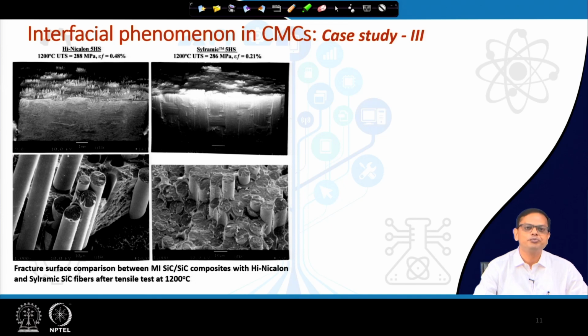In both cases, at this particular temperature when the UTS was measured, the strength is similar. However, the strain to failure is high in the high Nickelon case. You can clearly see, because of the higher amount of fiber pull out, the strain to failure is also high, in fact almost double.